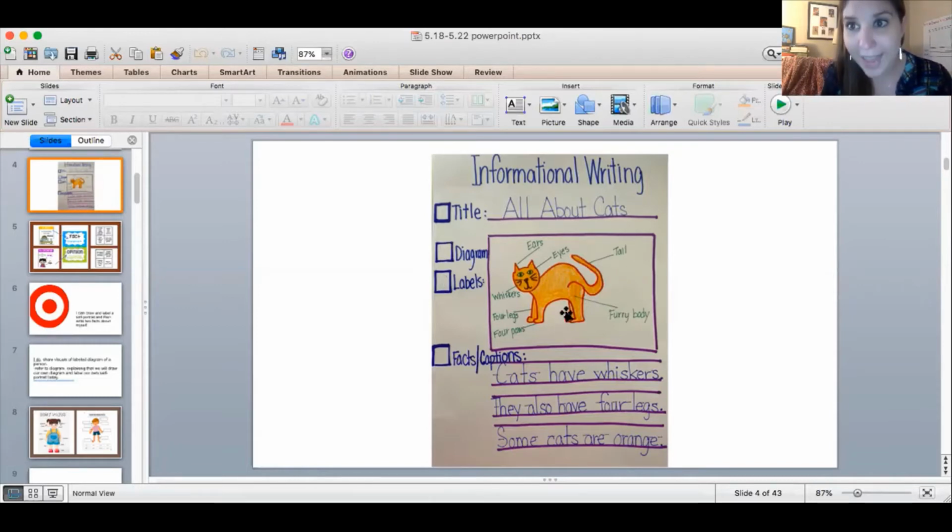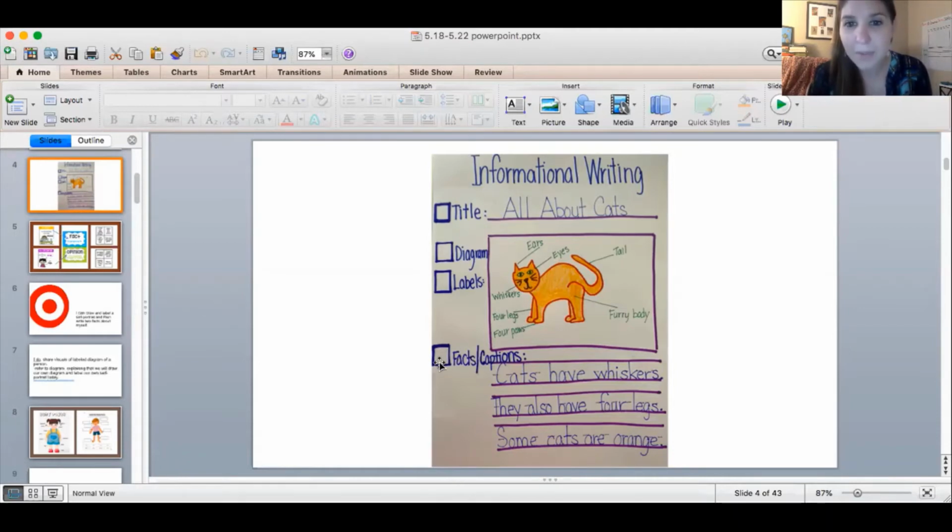So for this cat here, I labeled the diagram by saying, oh, well, this is the tail. I said, this is furry body, eyes, ears, whiskers. Those are all the labels that I put on my diagram, my picture.